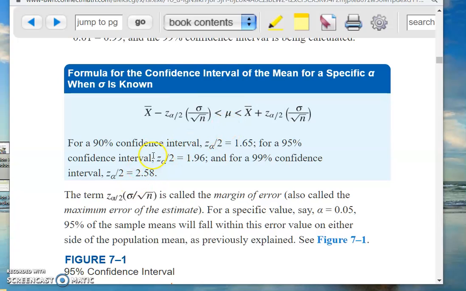I'm hoping you guys have your book, because if you don't have your book, it's really hard to follow this. In any event, using this car theft business, he wants to come up with an estimate for the average. That's my mu, and he wants it to be within 2 car thefts, within 2 events. So that's plus or minus 2. That's my error here. My margin of error is 2, and my x bar is whatever my x bar is. I'm going to find that out in a minute.